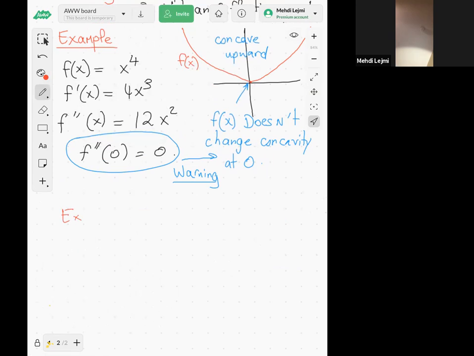Let's say f of x equals 2x cubed minus x squared minus 4x plus 1.